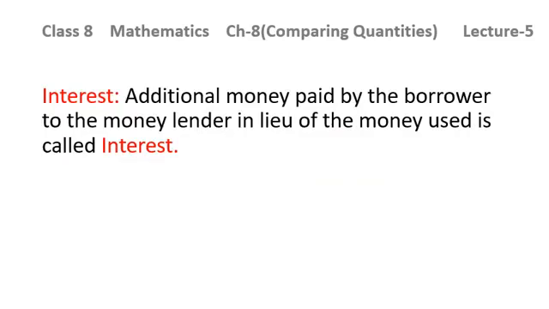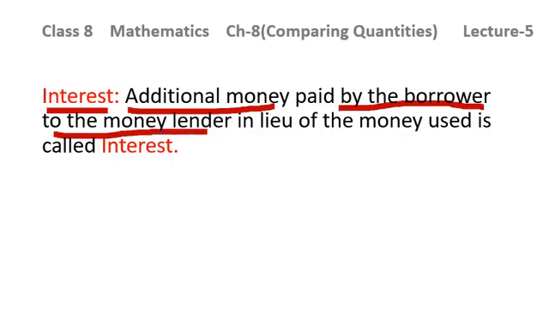Then interest. What is this interest? We are talking about simple interest, we are talking about compound interest, but what does this interest mean? This is the additional money paid by the borrower to the money lender from whom it has been borrowed in lieu of the money used.